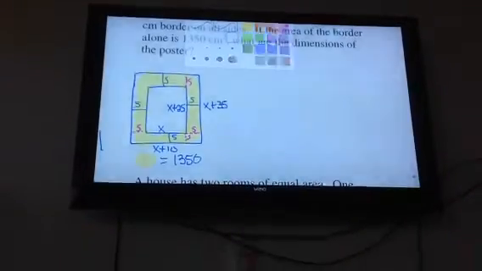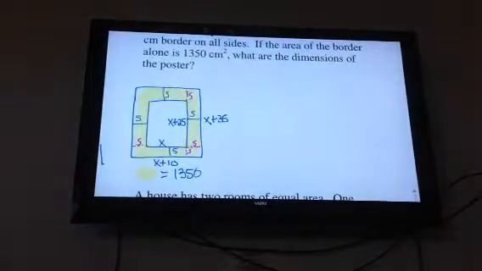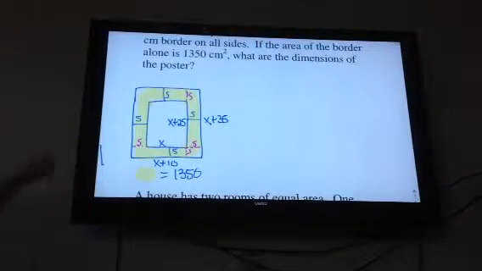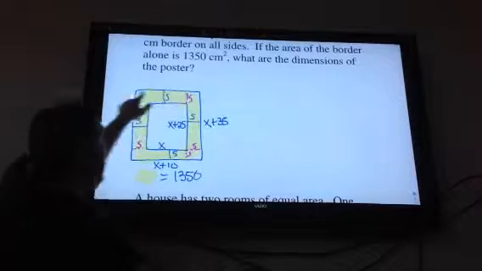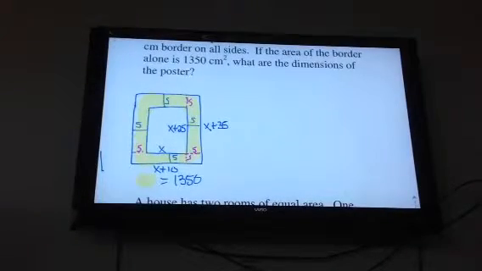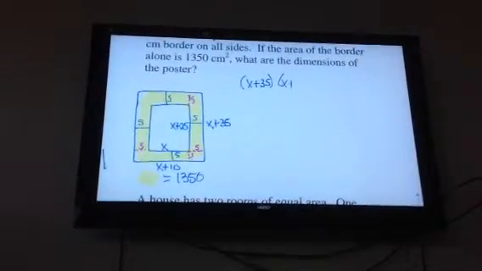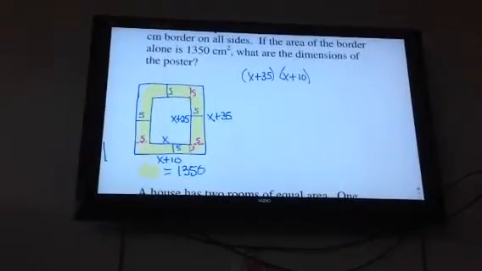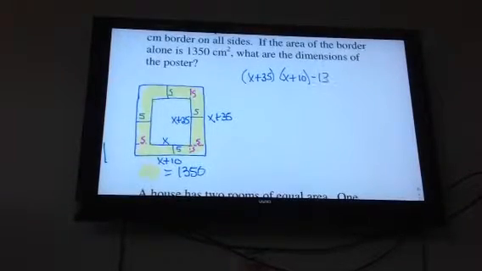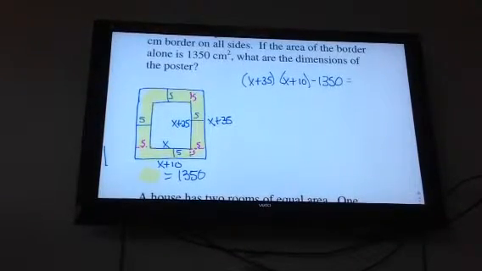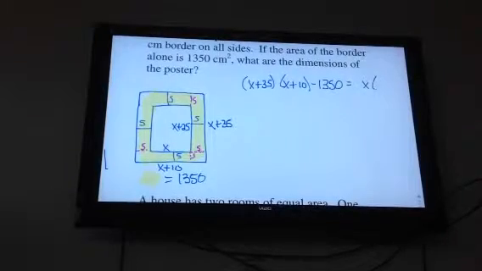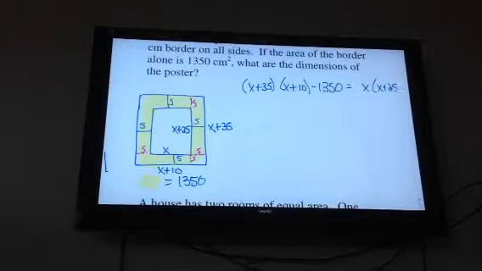Okay, so let's use the concept we just used on the last question. Take the area of the big rectangle, the outside dimensions. So X plus 35 times X plus 10. Subtract off the 1350, the border, how much bigger it is, and that gives me the area of the poster alone.